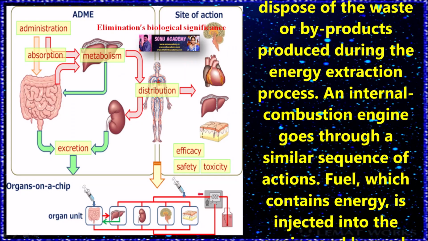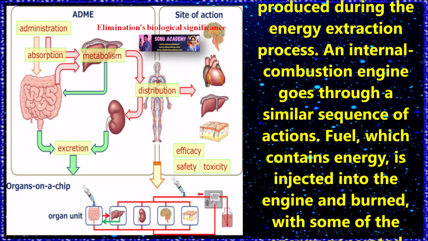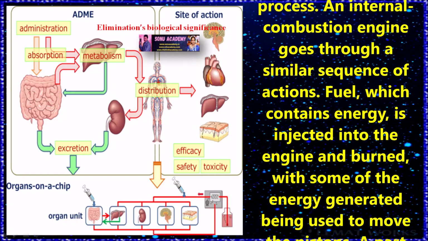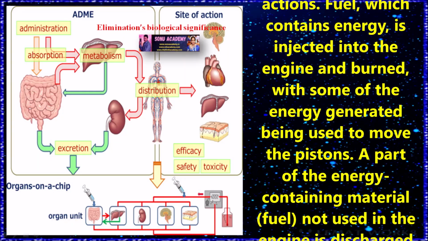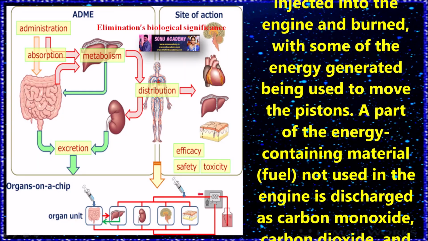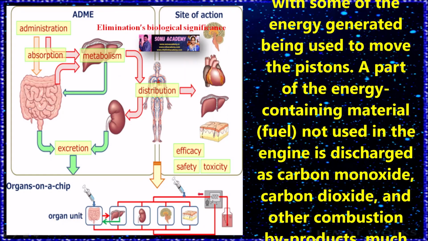An internal combustion engine goes through a similar sequence of actions. Fuel, which contains energy, is injected into the engine and burned, with some of the energy generated being used to move the pistons.